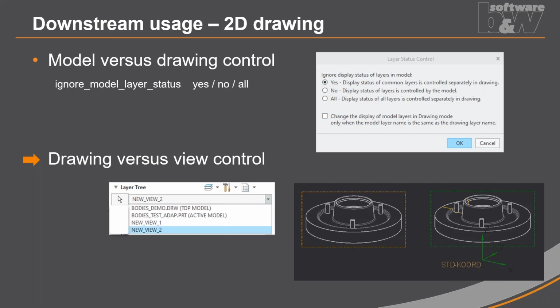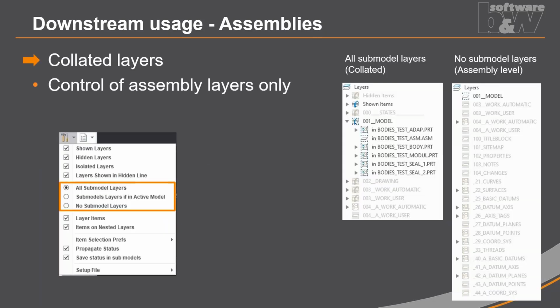And if you look in your graphics area, the views get either a brown or a green boundary. Brown means this is drawing dependent. Green means this is drawing independent. It's only the view. An example of this we'll see in the second part of this webinar.